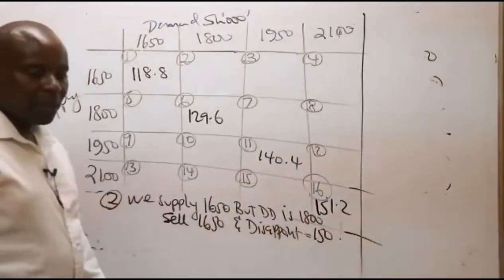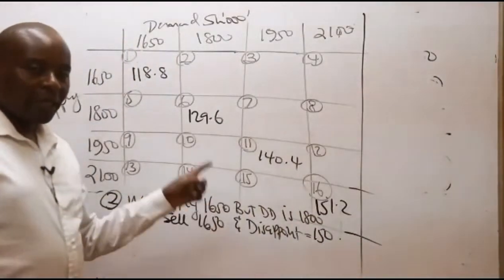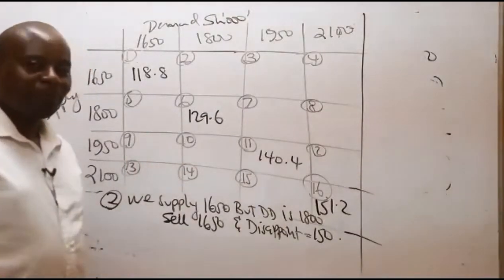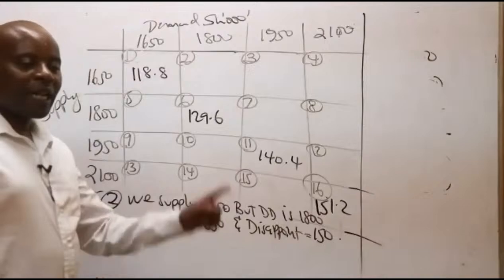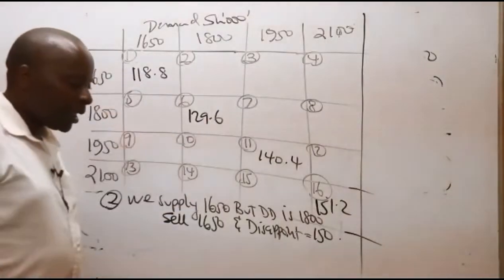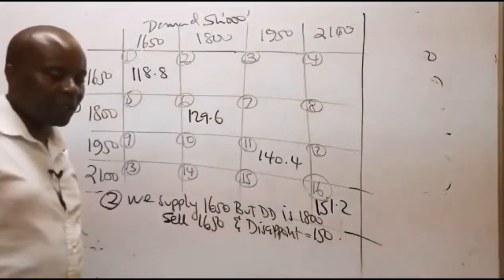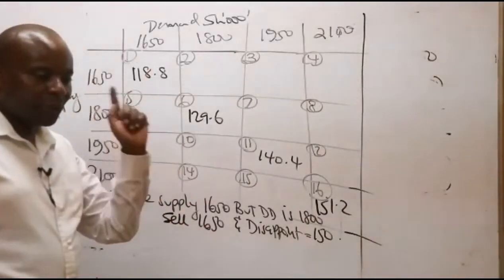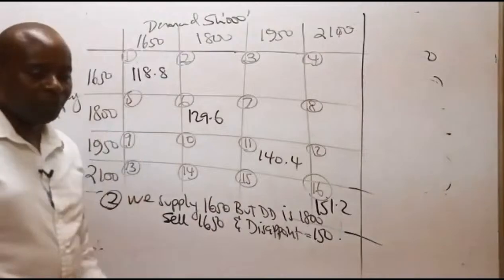So remember that this time round, there is an opportunity cost of disappointing some customers. For each customer who comes to you, he needs it, and then you tell this person, we don't have it. You lose. There is an opportunity cost of 30 bob.